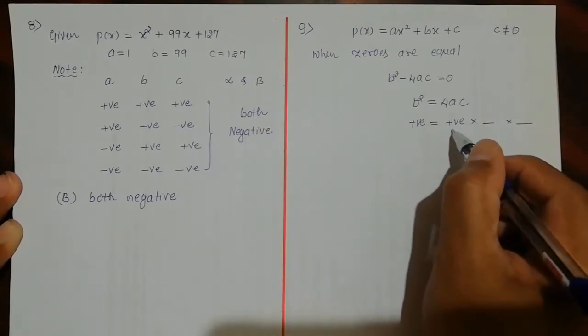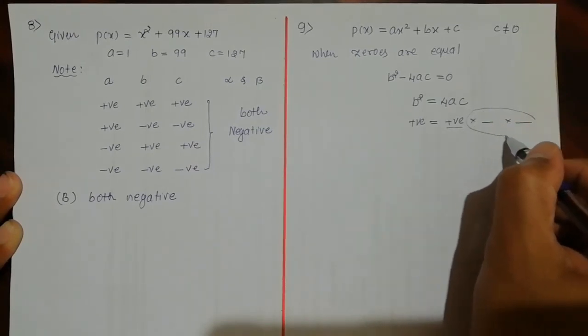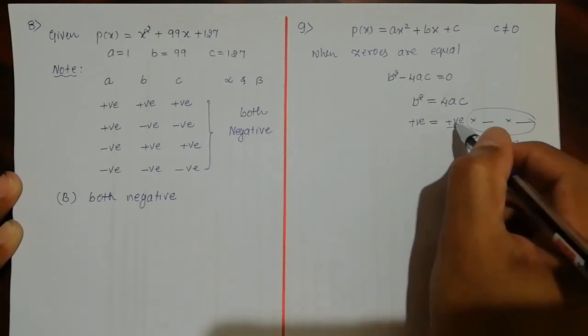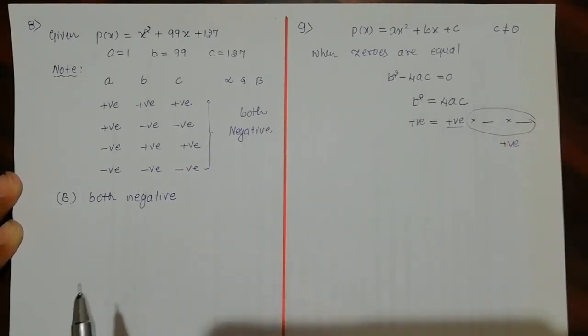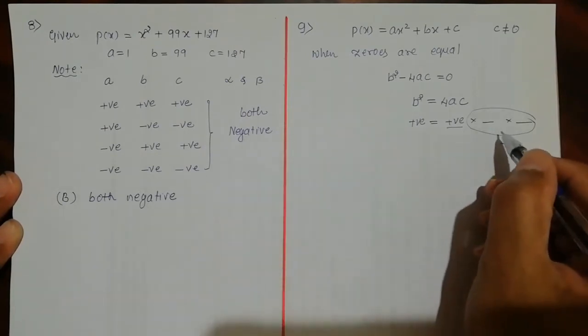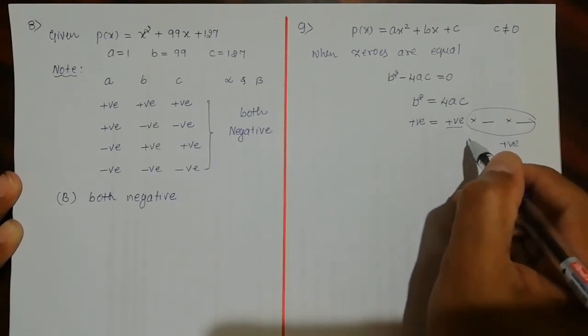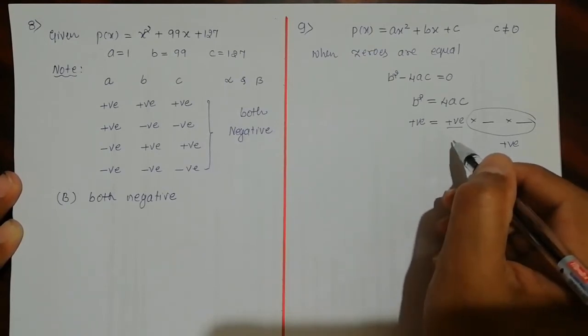If this product, a into c, is positive, then positive into positive becomes positive, and positive is equal to positive, left hand side is equal to right hand side. But if this one is negative, negative into positive will become negative, and positive is equal to negative is not true. Positive is equal to positive is true, negative is equal to negative is true, but positive is equal to negative is wrong.